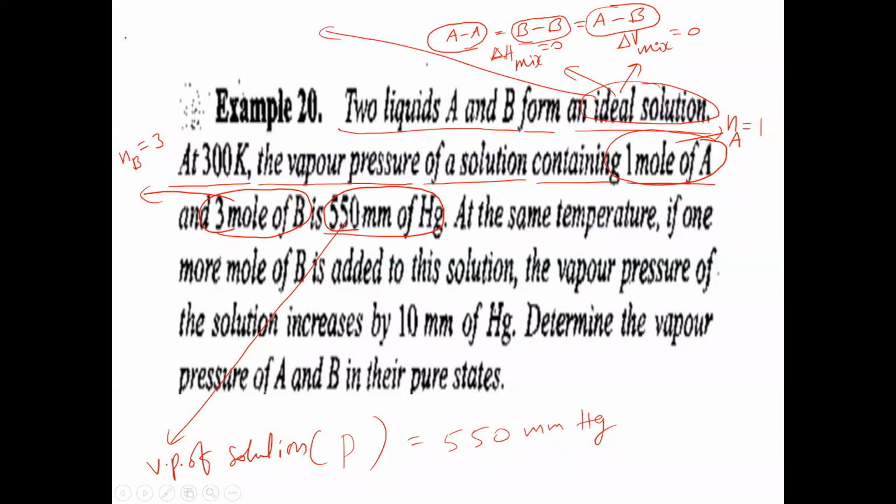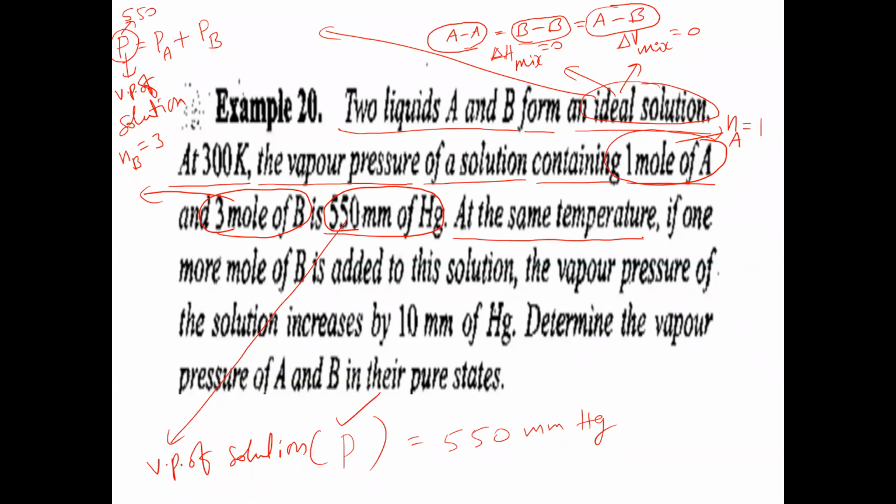The vapor pressure of the solution is equal to the partial pressure of A plus the partial pressure of B. We must recall the formula: P of solution, the vapor pressure of the ideal solution, is equal to the partial vapor pressure of A plus the partial vapor pressure of B. P is equal to PA plus PB. This total P is given as 550 mm, remember.